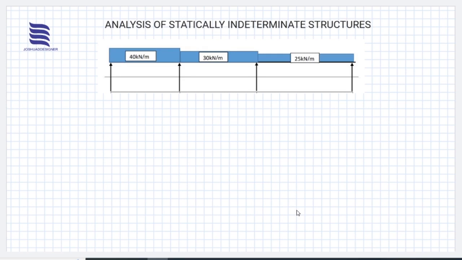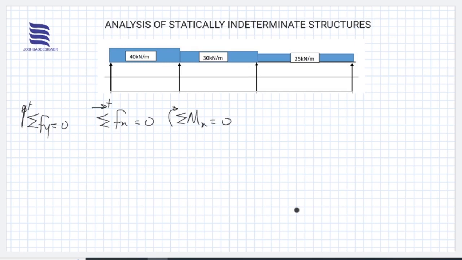We know that the sum of vertical forces must be equal to 0, the sum of horizontal forces must be equal to 0, and the sum of the moments must be equal to 0.